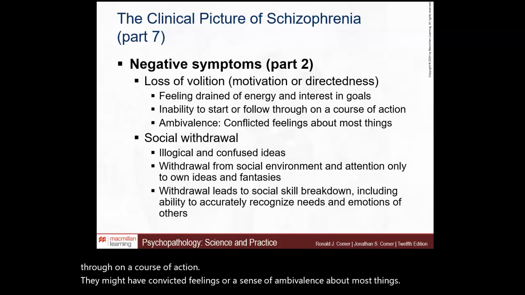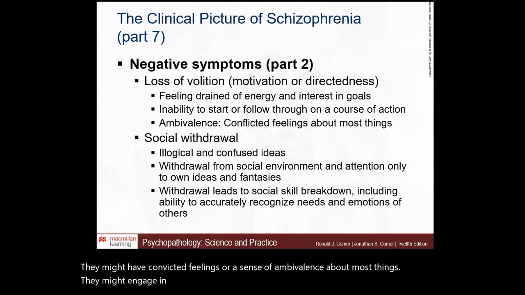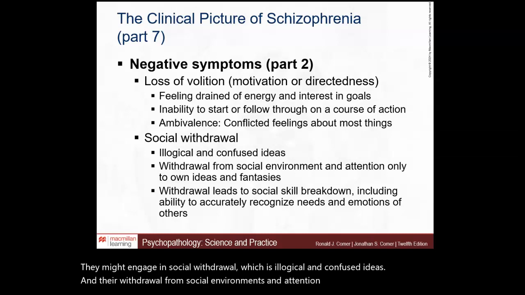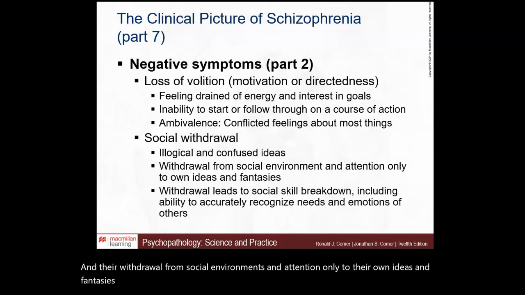They might engage in social withdrawal, with illogical and confused ideas, and attention only to their own ideas and fantasies. That withdrawal leads to social skill breakdown, including the ability to accurately recognize the needs and emotions of others.